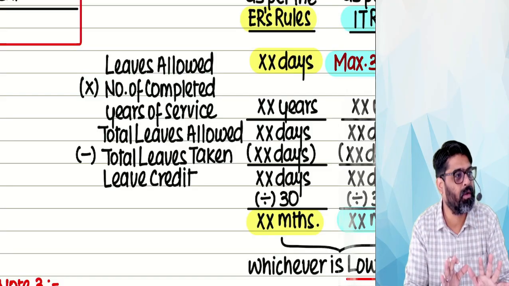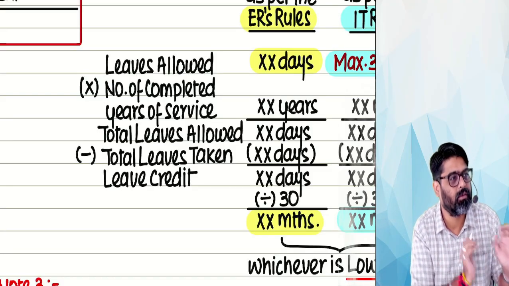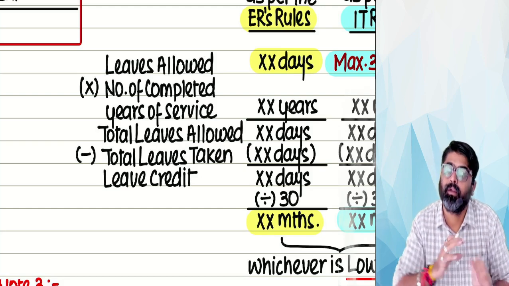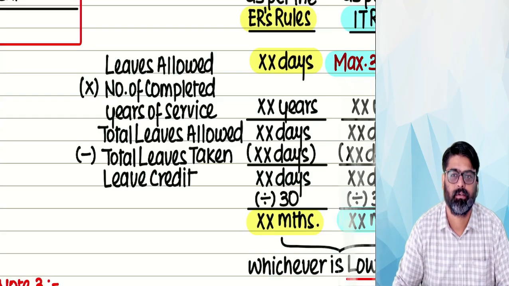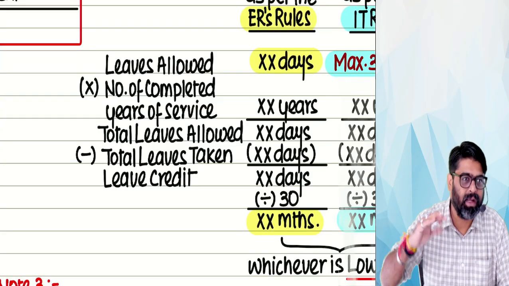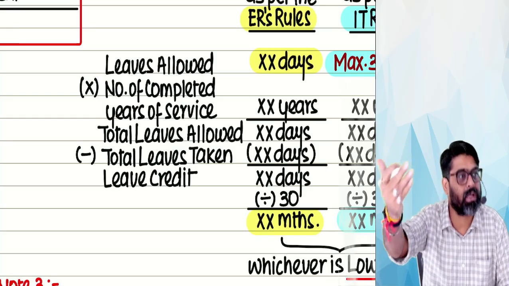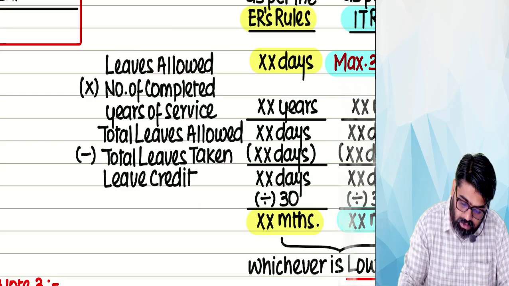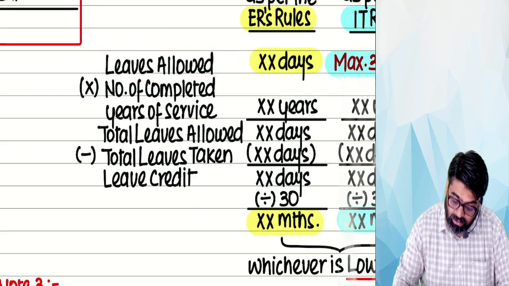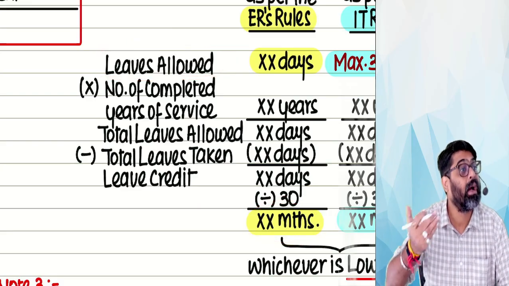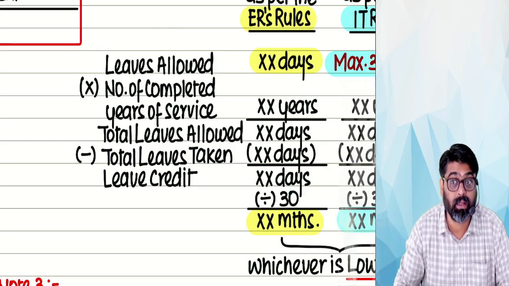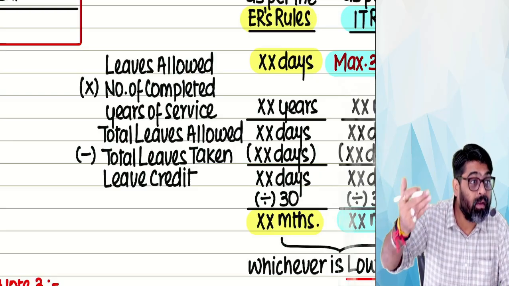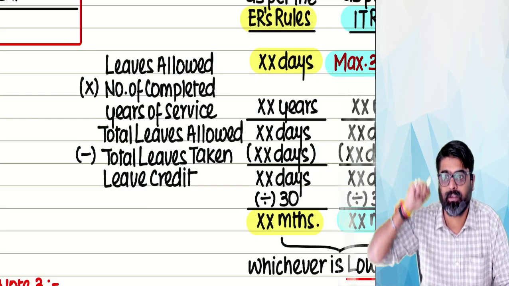Can you take your taxable salary like this by increasing the leave credit? You will tell your employer not to give taxable salary, but give me leave salary extra. To get that extra leave encashment, what will you do? You will tell your employer to increase the leaves allowed, so that the leave credit calculated will be higher. And if the leave credit calculated is higher, definitely you are going to get more leave encashment and get it exempted.